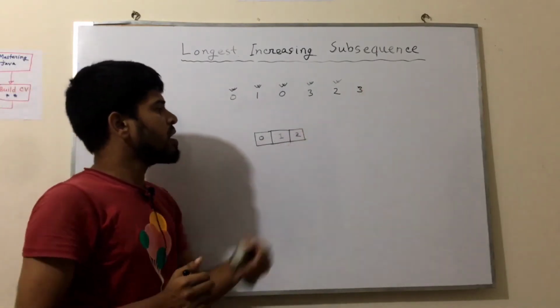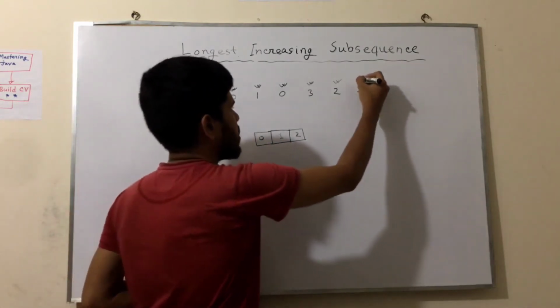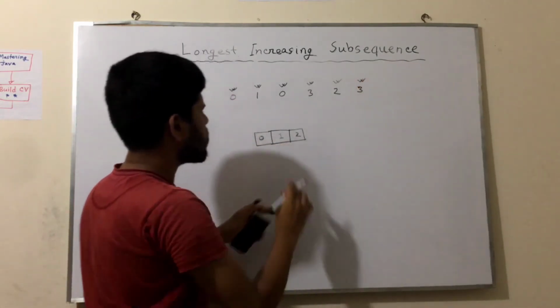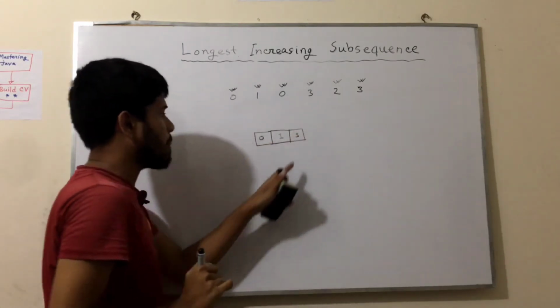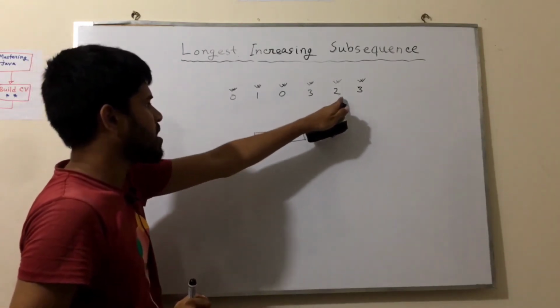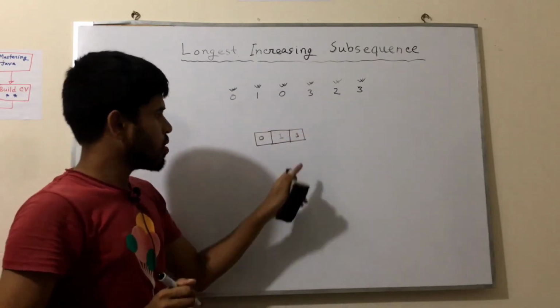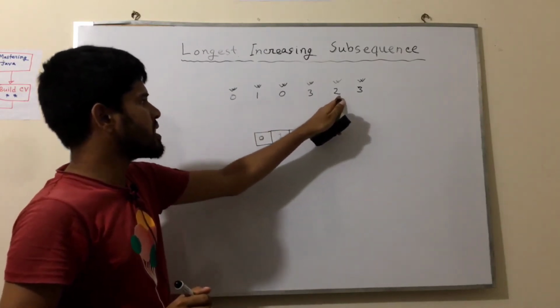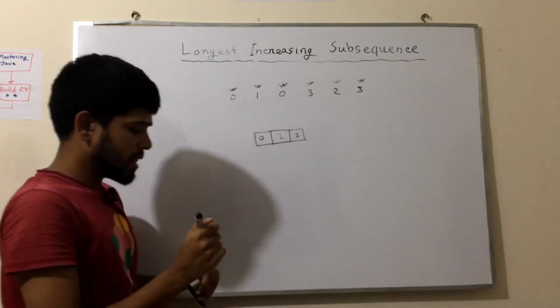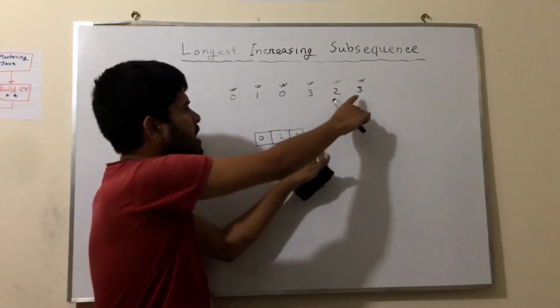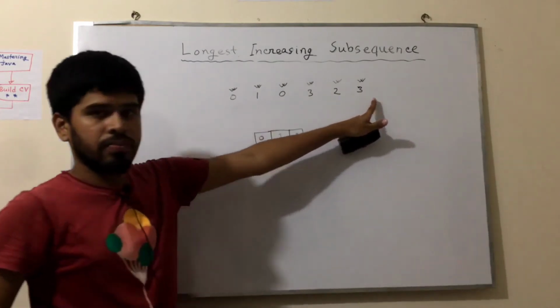Now let's move to the next element, which is 3. Now here we had 3. If we do not update this value 3 with this value 2, then on the right we cannot add this element 3.